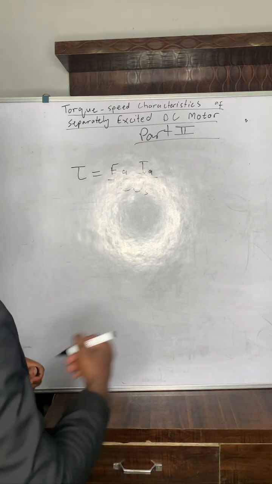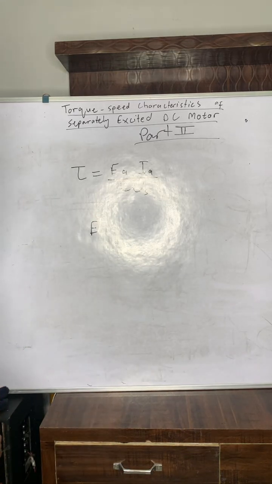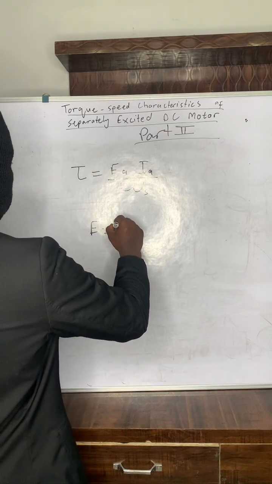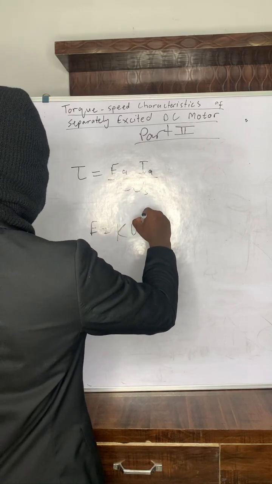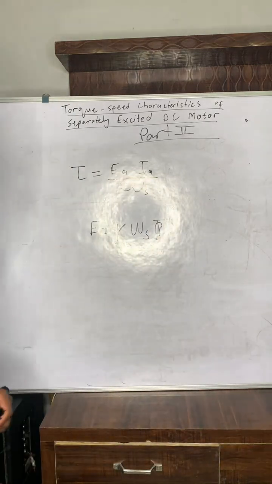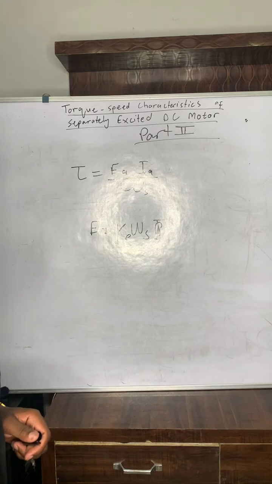We know that EA is equal to KE phi omega S, from our previous equation.